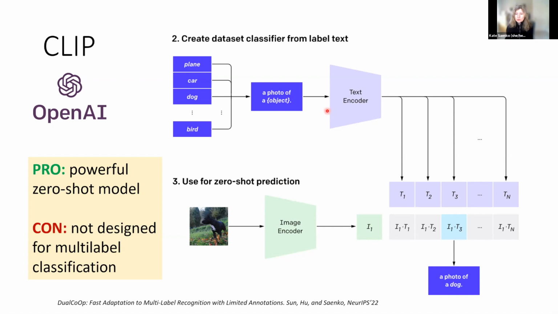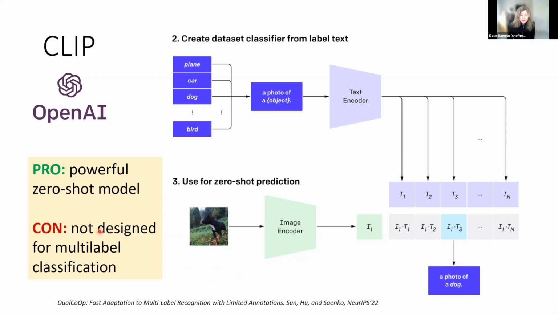And then to do zero-shot classification, you can feed it a prompt that says a photo of a blank, and you replace the blank with the name of the object, for example, dog. And then the image encoder also encodes the input image, and comparing the text and image encoding, we can produce a score of how well this category matches this image, essentially.